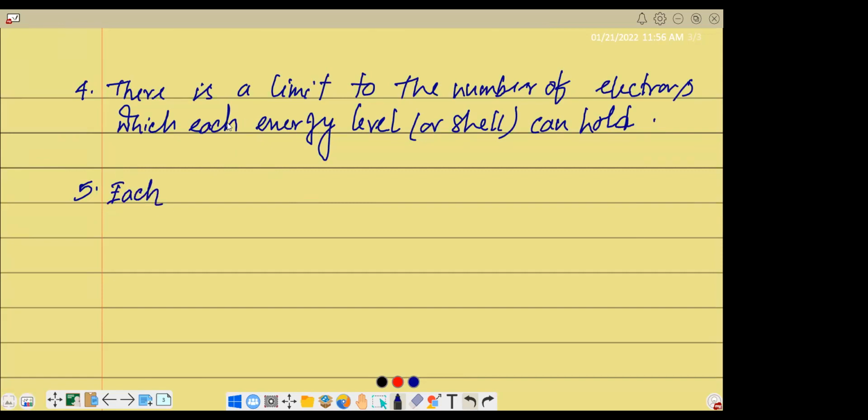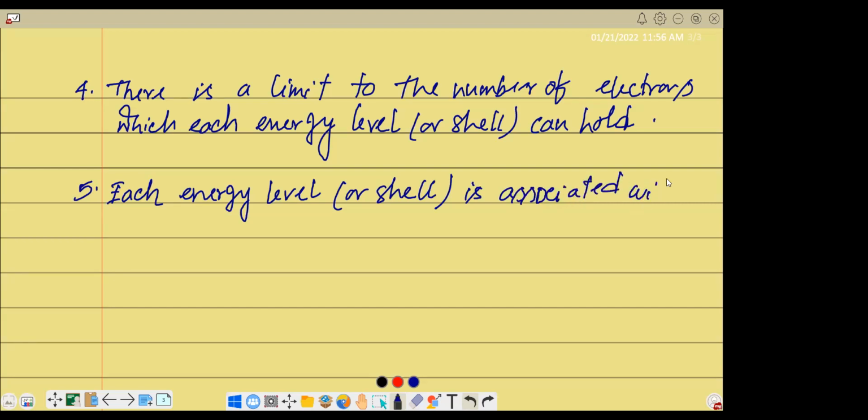Next one is that each energy level or shell is associated with a fixed amount of energy.